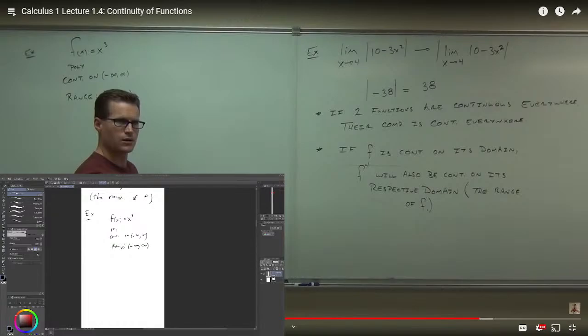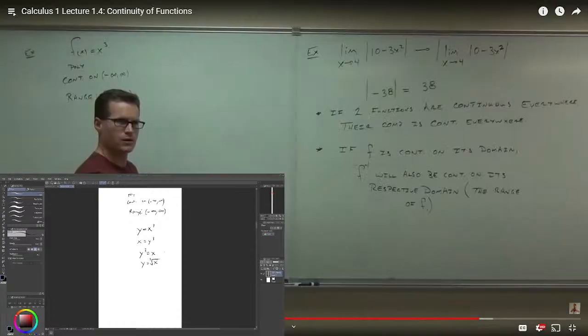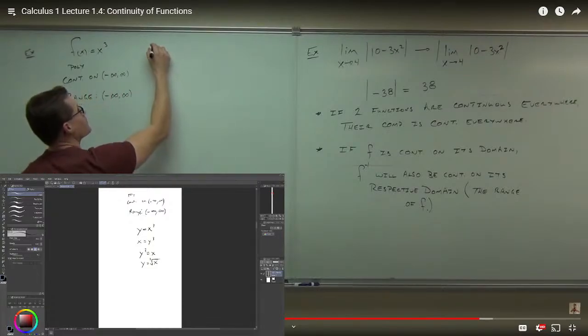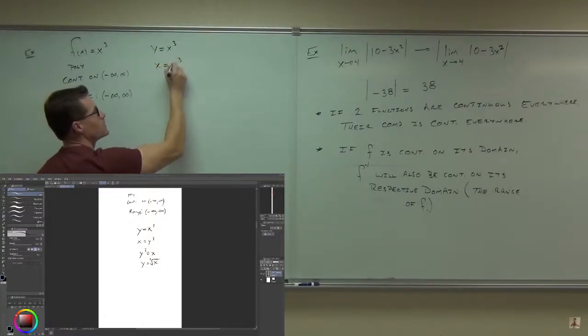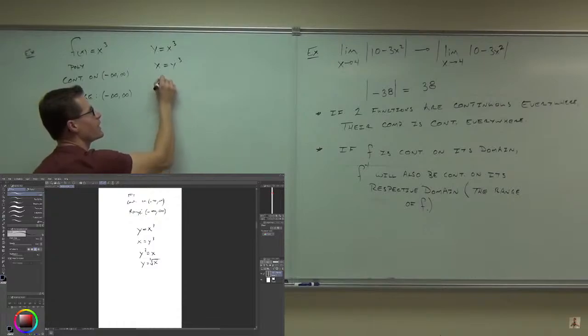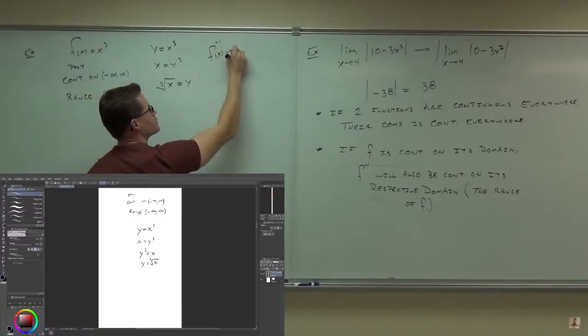Swap the x and y and then solve for y. You make y equals x cubed, you switch your variables, x equals y cubed, you solve for your y, the cube root of x equals y, and therefore f inverse of x equals the cube root of x.